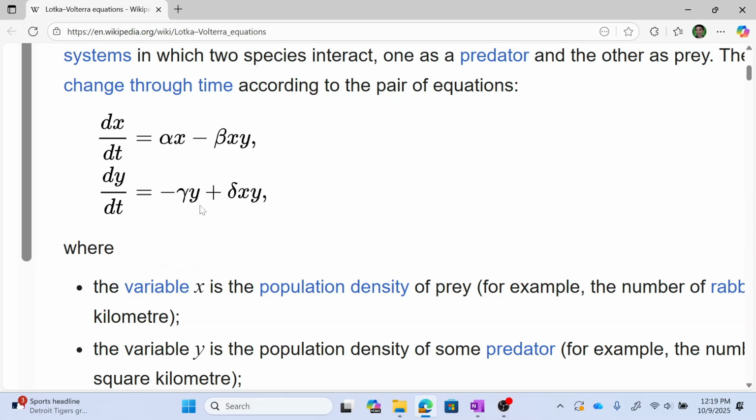As you have more predators, they are competing more with each other for territory, for reproductive partners, for food, so the predators suffer for having more of themselves around. So these two differential equations together tell the story of how the predator species and the prey species interact with each other and interact with themselves.